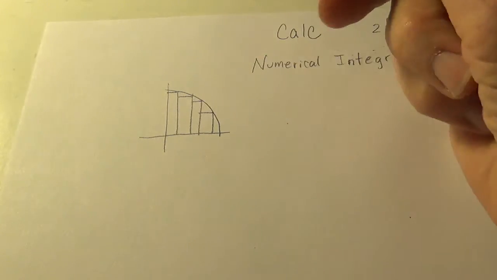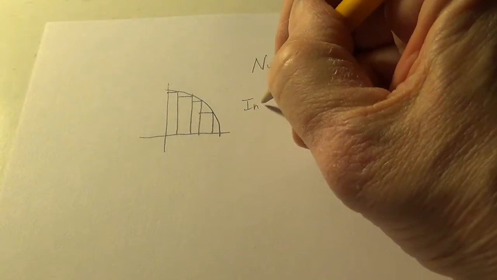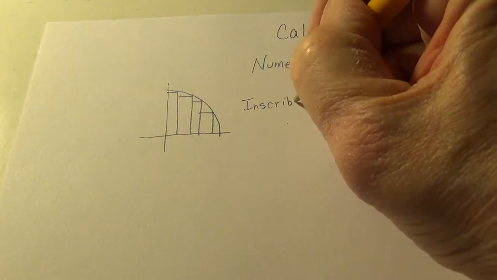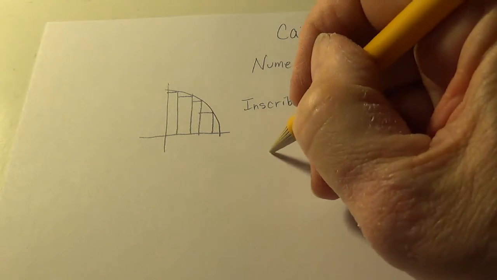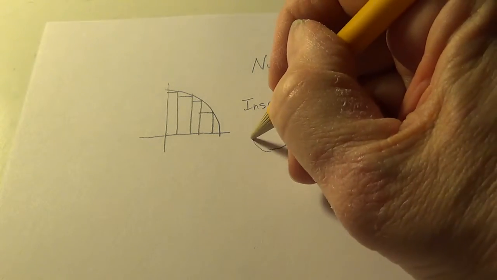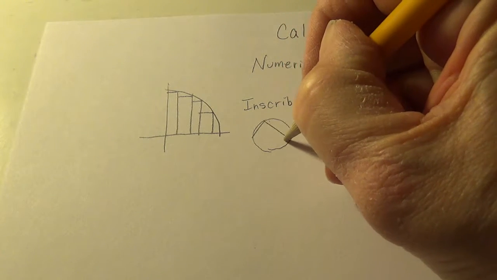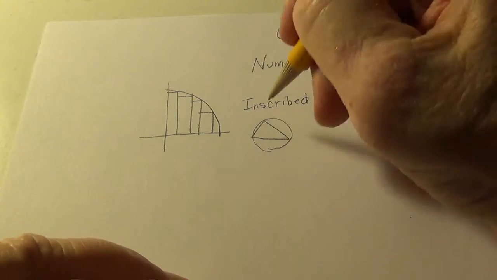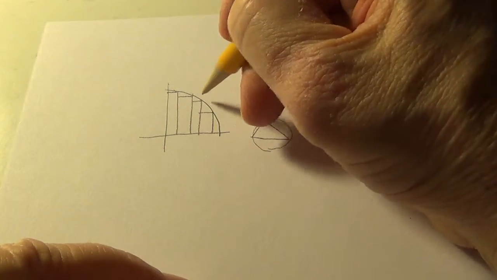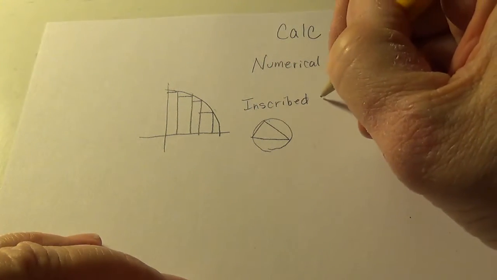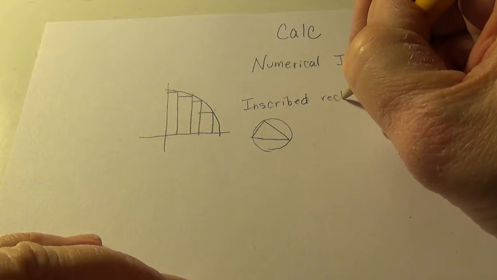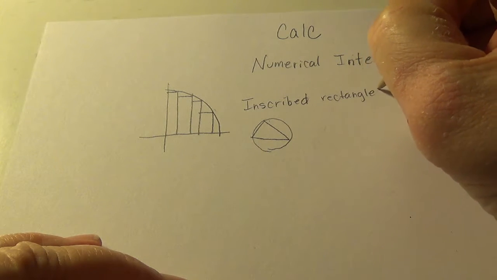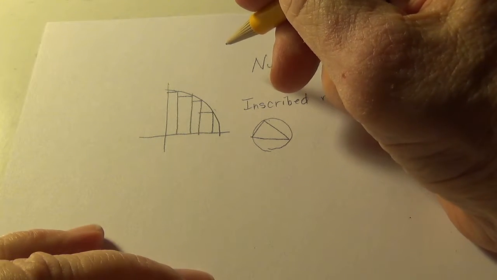Sometimes they call them inscribed. So remember in your geometry days, an inscribed triangle like that, the vertices were on the inside of the figure. Well, these are also called inscribed rectangles.